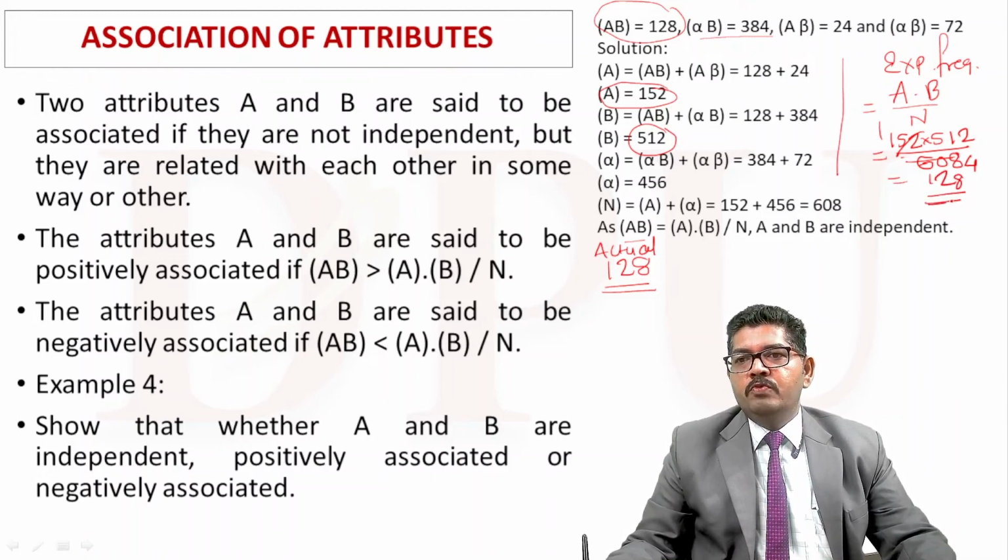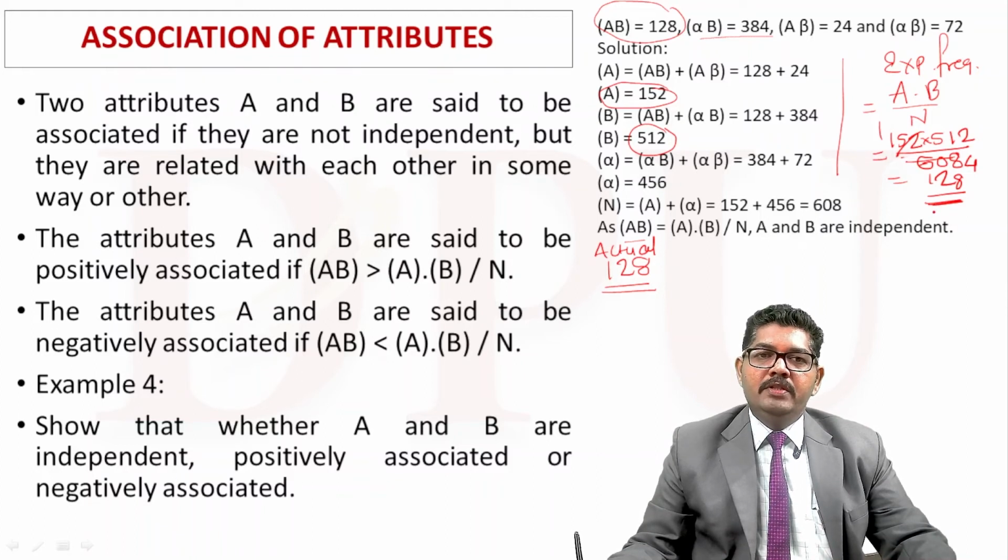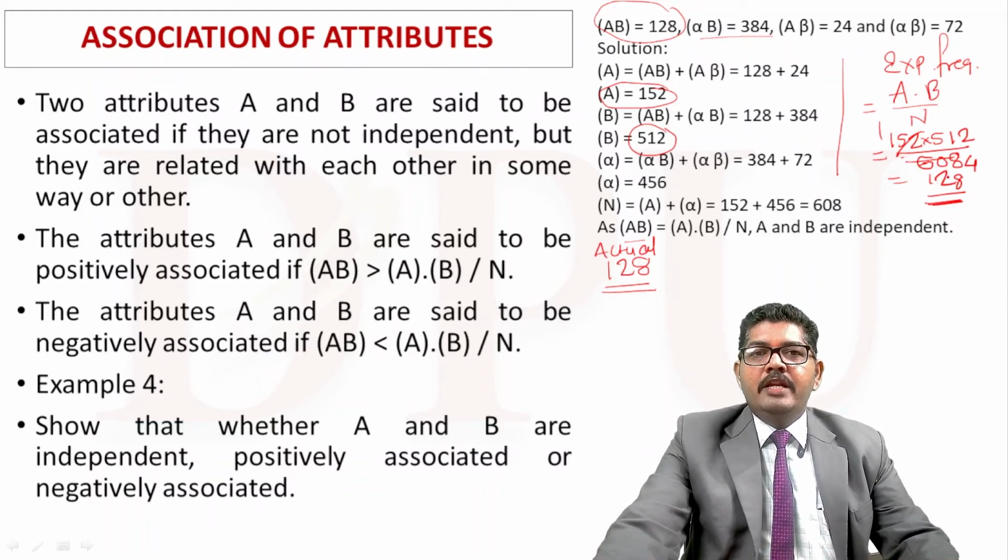So this value is 128, and therefore the expected frequency is equal to the actual frequency, and we can say that the attributes A and B are independent, as the actual frequency is equal to the expected frequency in this particular case. So there is no association. If they are independent, there is no association, neither positive nor negative.